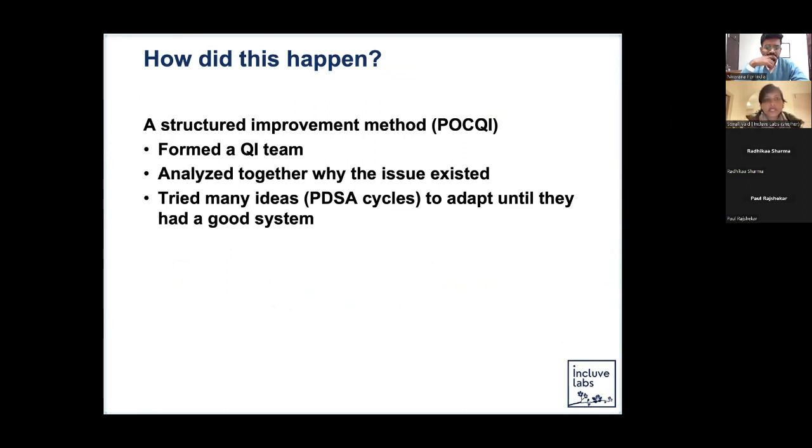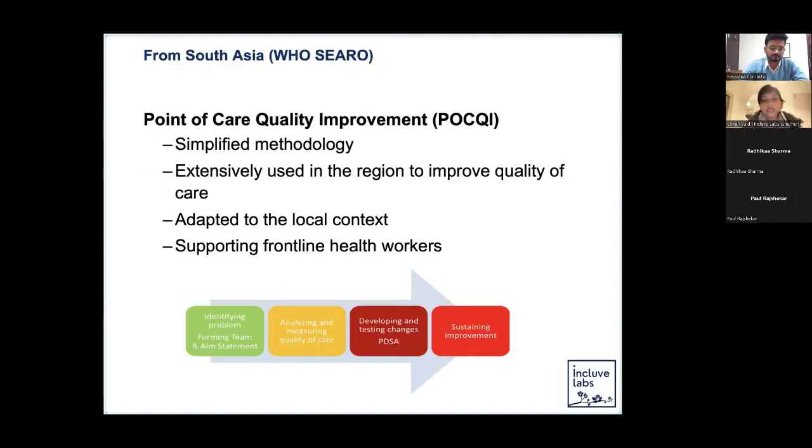You can see all the materials, all the examples, and you can try to do this in your own setting. So this is how QI works. But you basically do need some sort of an initiation into the method and how to do it with the help of somebody who's done this before.